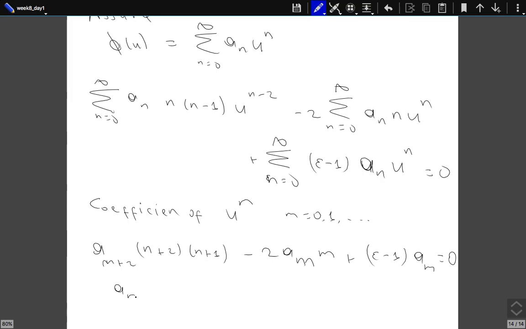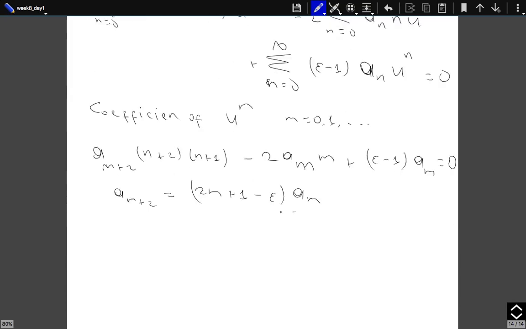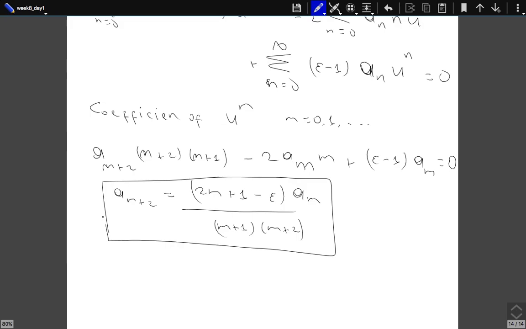Hence, a_(m+2) should be equal to (2m plus 1 minus epsilon) a_m over (m plus 1) times (m plus 2). So this is how various coefficients will be related to each other.